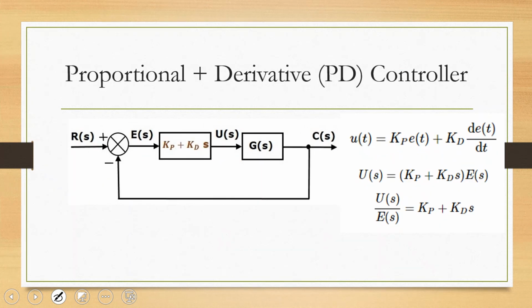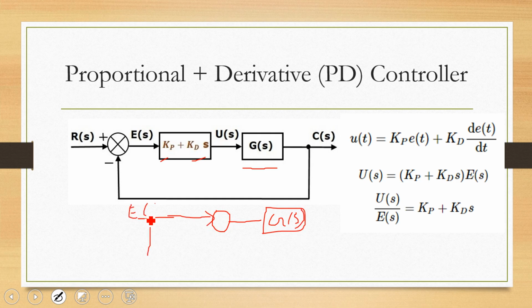The next is the proportional derivative controller. As you can see in the block diagram, we have the forward path function G of S. Along with it, we have the proportional controller Kp and the derivative controller, which is S into Kd. It can be redrawn like this. Here is G of S. Here you have a summer.